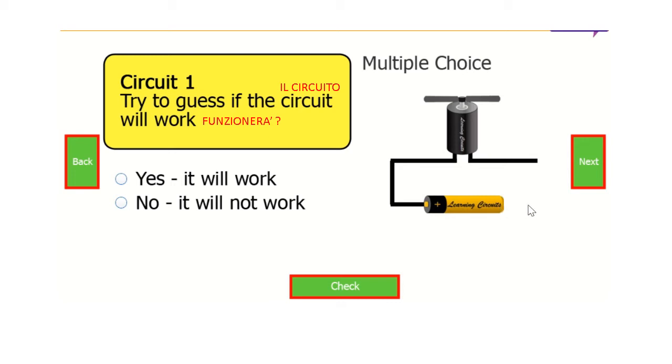But here, the battery is not connected to the wire. The circuit is not complete, but interrupted or open. So the motor will not work because the circuit will not work. Let's check. There you go.